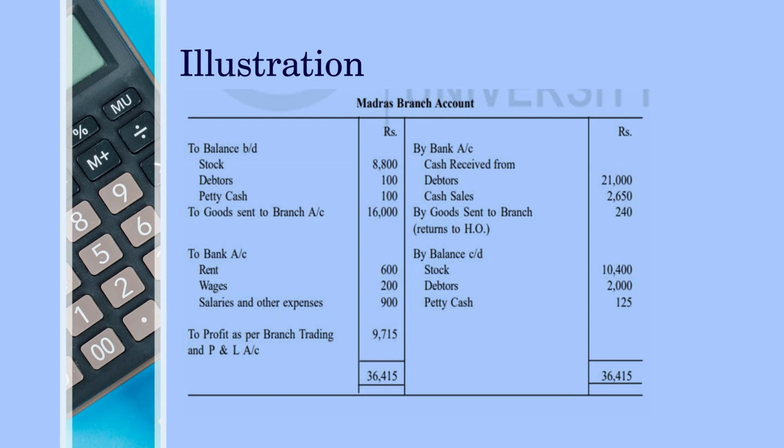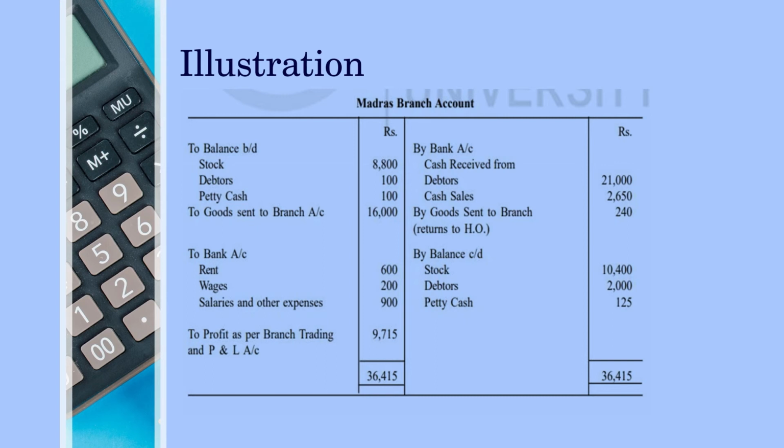Then by balance carried down, it means these are the closing balance of stock, debtors and petty cash. Stock is 10,400, debtor 2,000, petty cash 125. Kindly check it. Debtor 2,000, stock 13,000.